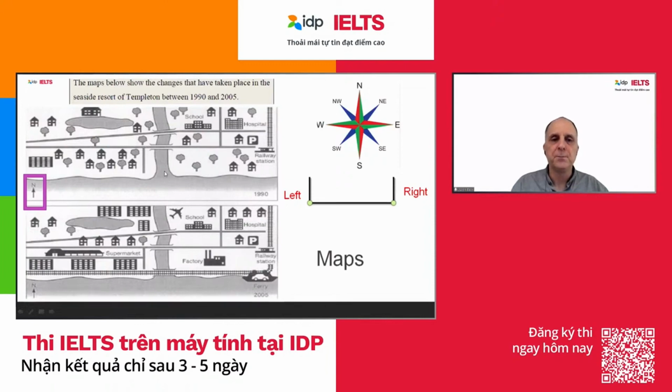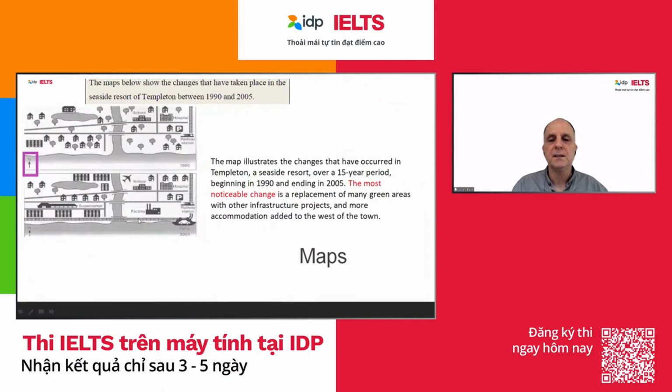So we could organize it with all the details on the east side for the first paragraph, comparing the 2 different dates, and then the west side. We could also think about the bigger changes as well. So you can see there's more industry on the east side, and on the west you can see there's more accommodation. Okay, there's an example.